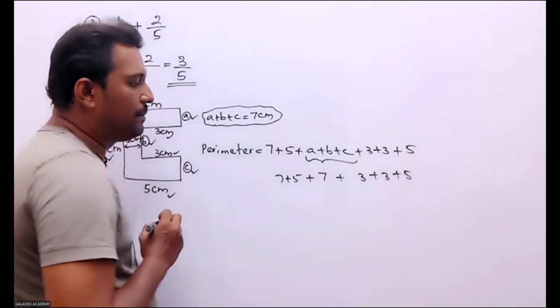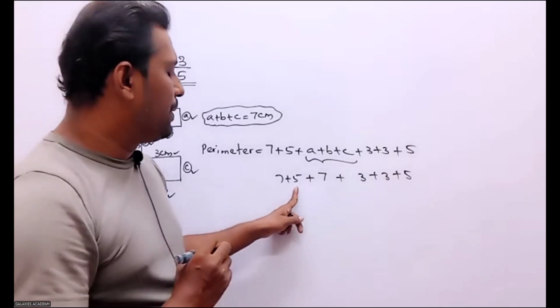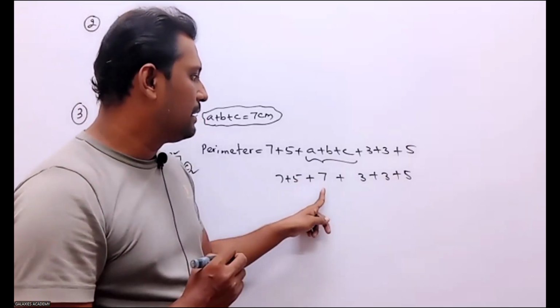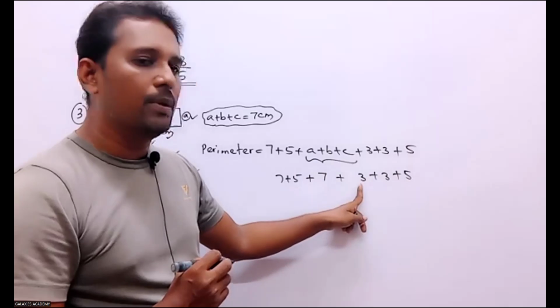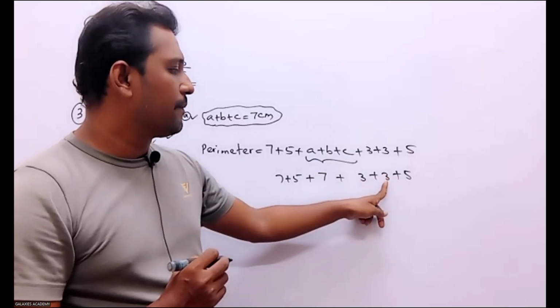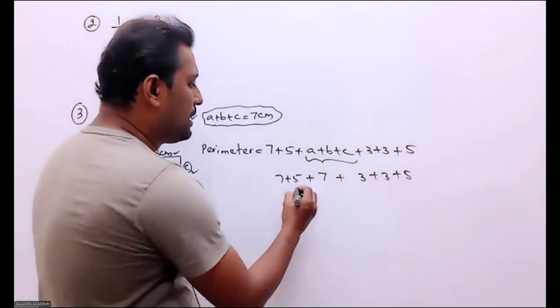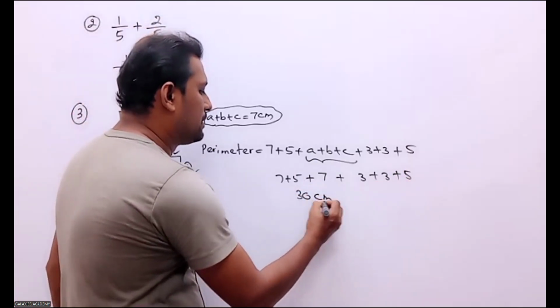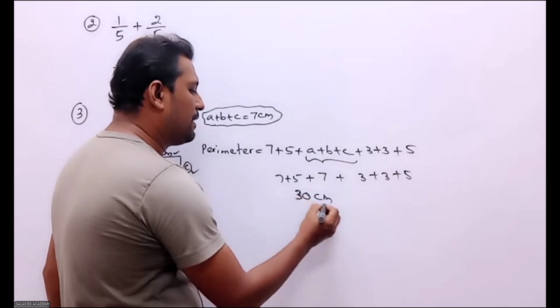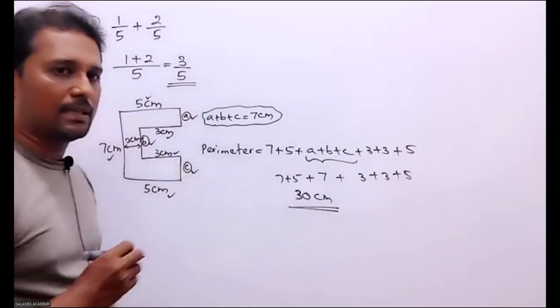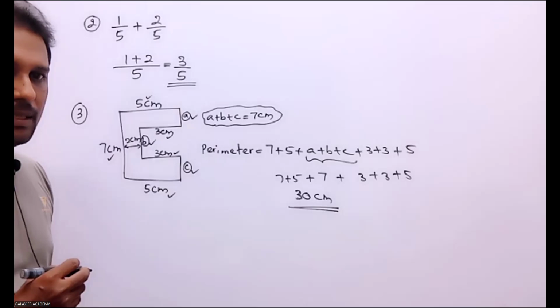So what is the perimeter? 7 plus 5, 12. 12 plus 7, 19. 19 plus 3, 22. 22 plus 3, 25. 25 plus 5, 30. So the perimeter of this plane figure should be 30 centimeters, right? 30 centimeters.